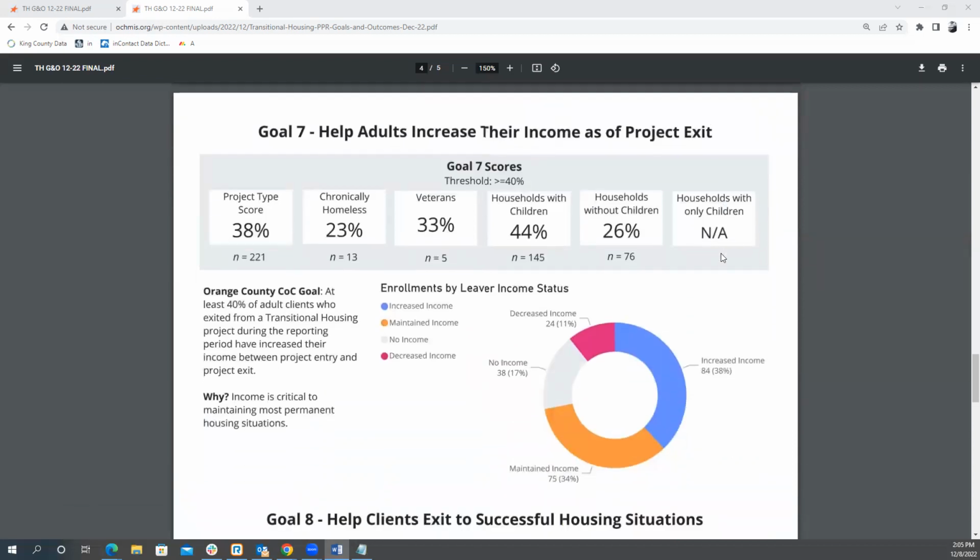The next measure is looking at increase in income as of exit. So the numbers for this are a lot higher than the previous measure because it's looking at all adults who exited during the reporting period. You can see households with children are more likely to exit with increased income than households without children.